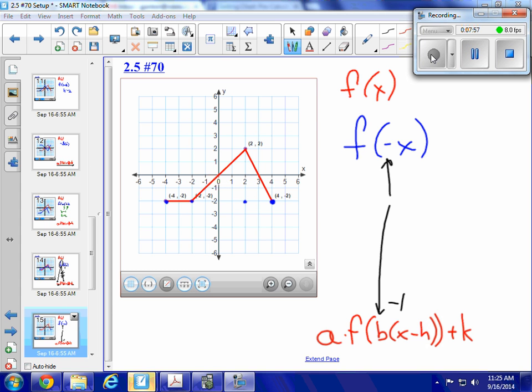This was here 2, 2. My y value is going to stay at 2, but my x value is going to change to -2. That one goes over there. And then my final one over here on the right was 4, -2. It's going to turn into -4, -2. So actually, my two endpoints are the same. So my graph now looks like this.